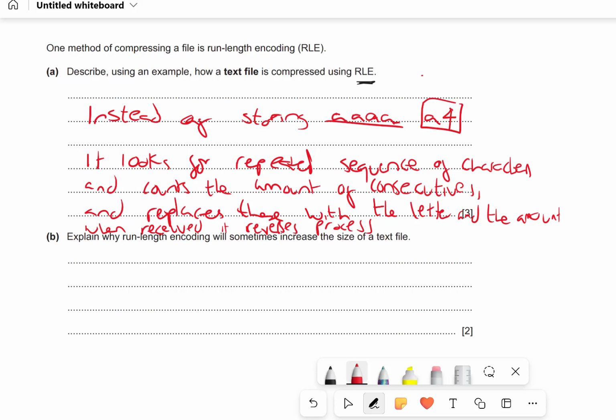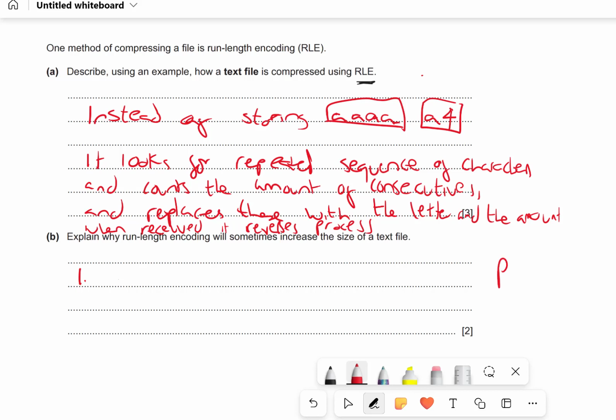So the second question, explain why run-length encoding will sometimes increase the size of a text file. Well, here's the thing. Having this situation where we've got lots of repeated characters in text doesn't normally happen, as I've just shown you. So it could actually increase or make it stay the same.